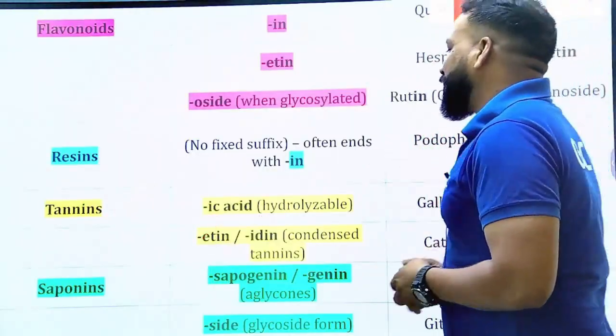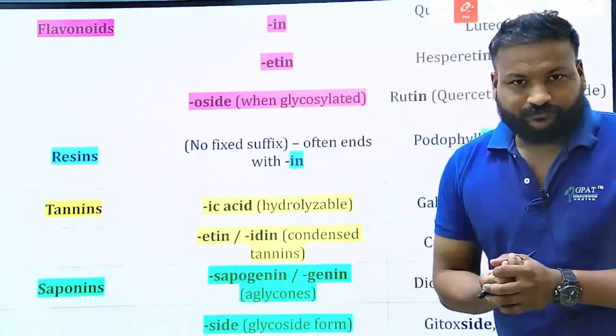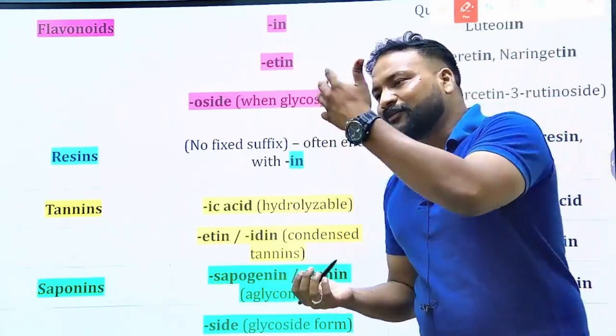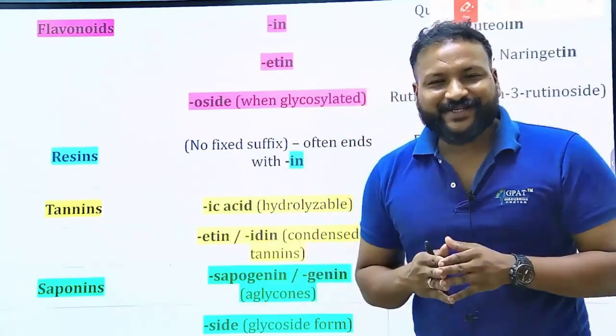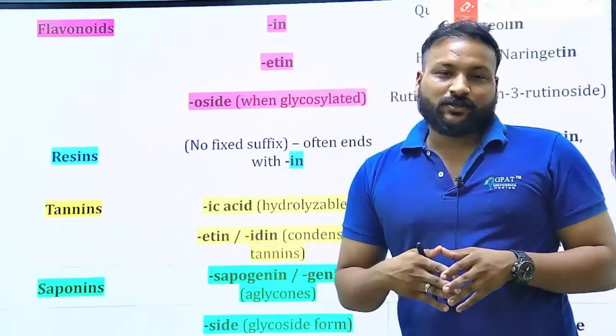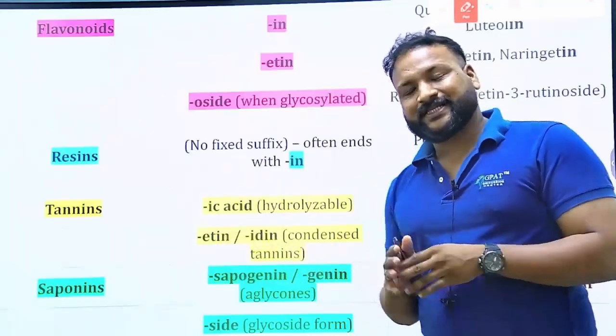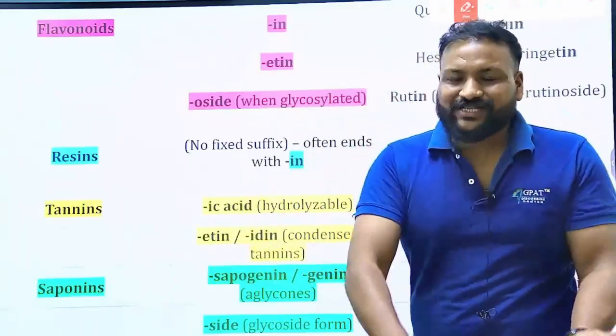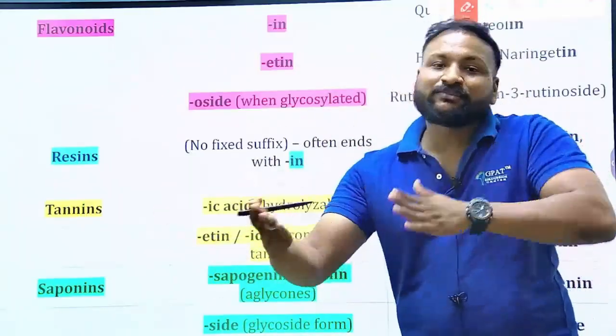And now moving to the saponins. I told you before while discussing glycosides, saponin glycosides also contain a glucose part. That's the reason mostly glycosides as well as saponins have the same suffixes.